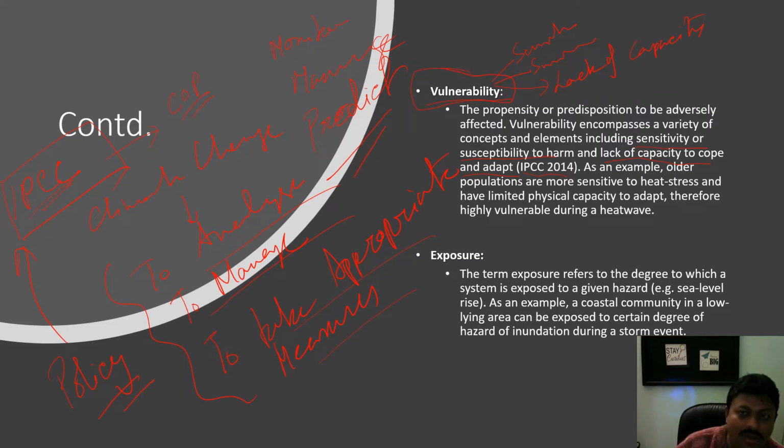So if an area is vulnerable to climate change, it means that area is sensitive or susceptible to climate change, and it also lacks the capacity to adapt to that climate change. Okay.